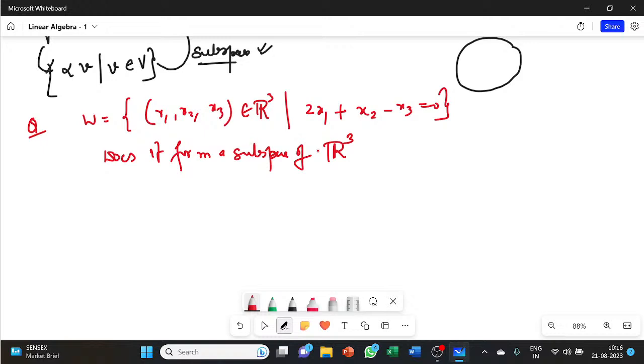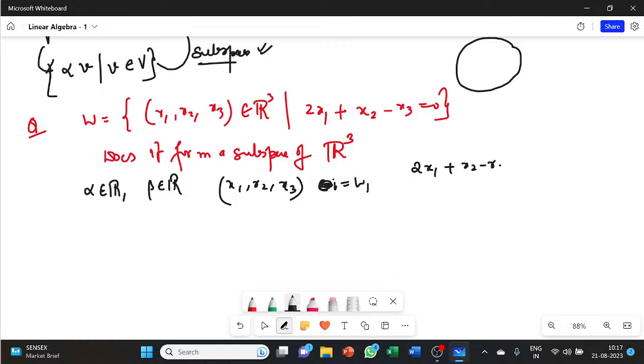So let me help you. Let us verify it. Let alpha belong to R and beta belong to R. Now let us take some x1, x2, x3 that belongs to W, where 2x1 plus x2 minus x3 is equal to 0.